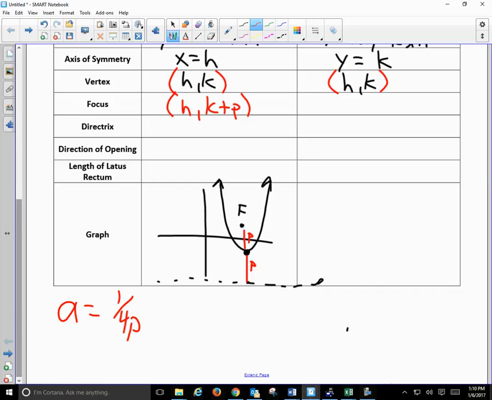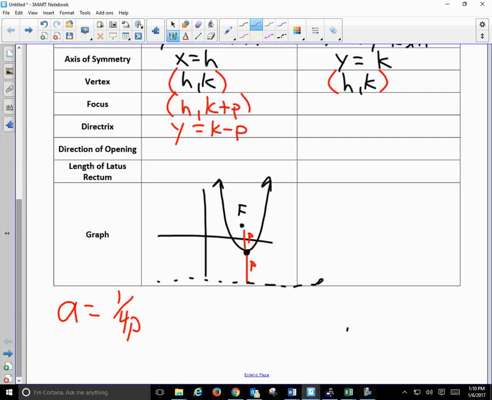And a horizontal line has an equation of x equals or y equals. Horizontal line, y equals. Y equals, and what is it? It's your k value minus p. So that's what we have to do there.